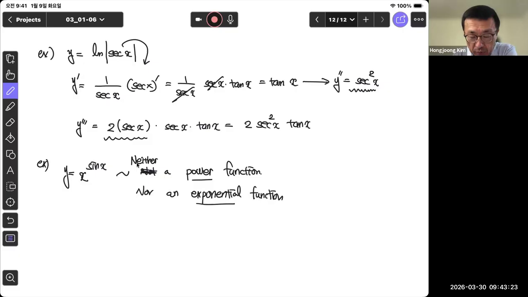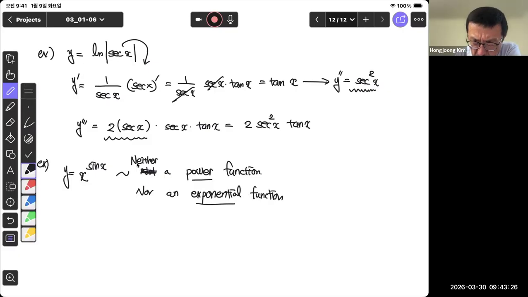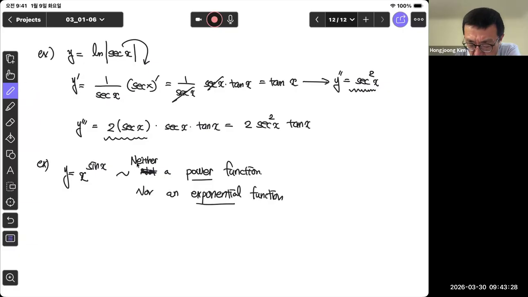So for example, if the problem is complicated, you need to think of the log function. In other words, you need to apply the log function.